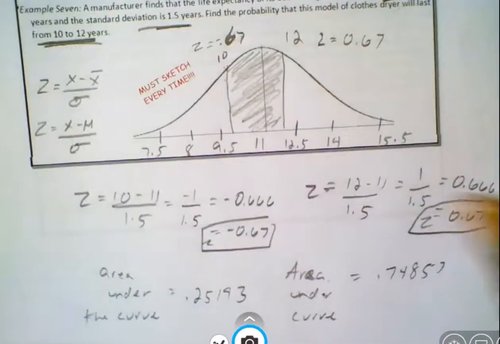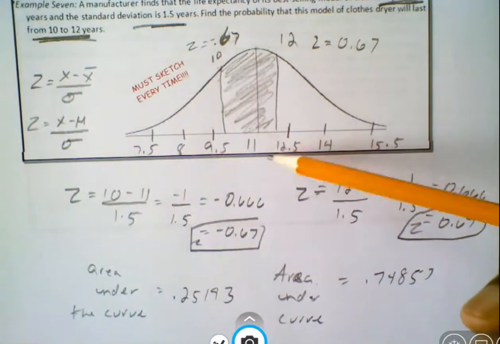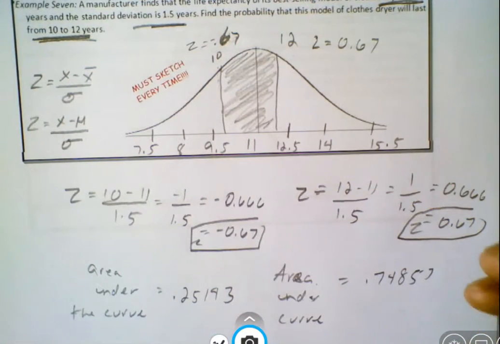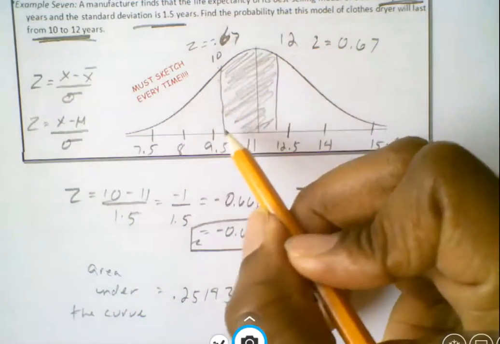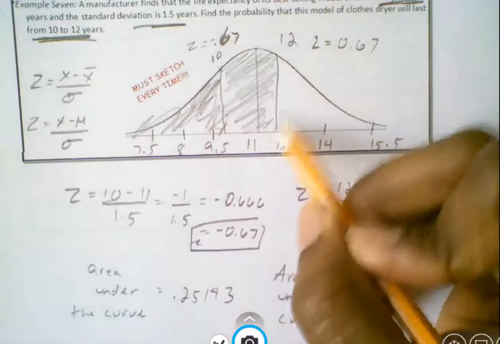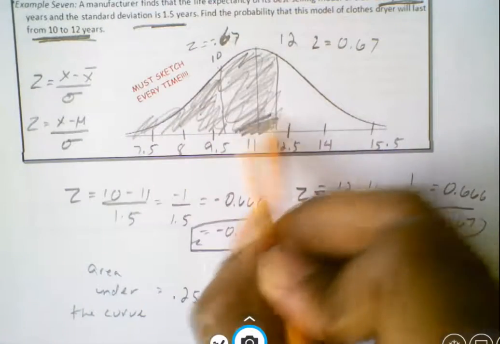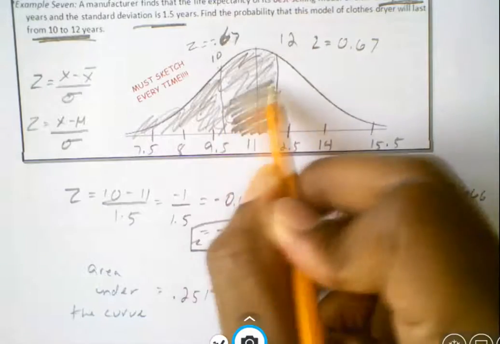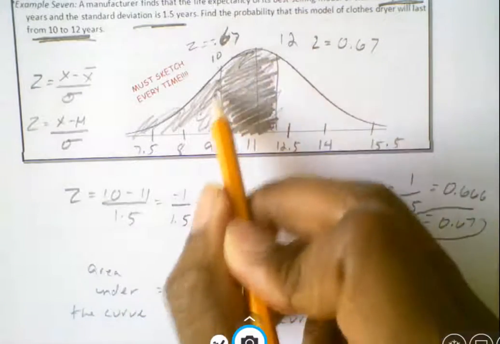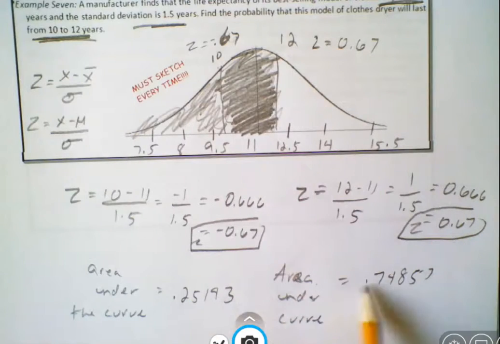So basically, in order to figure out how much space is in between these two, the first z-score is this area, and the second z-score was the area including all of that. You want to take off the piece that you don't want. So basically, subtract these numbers.